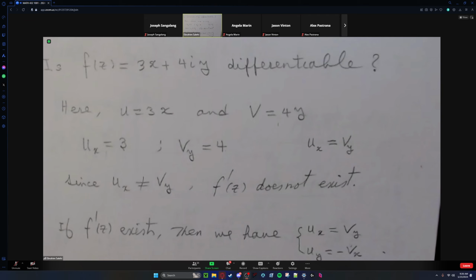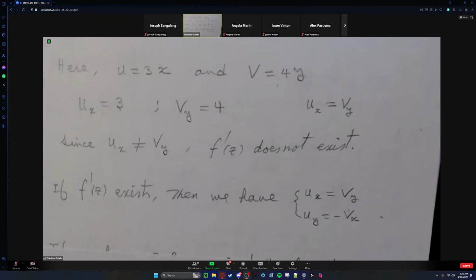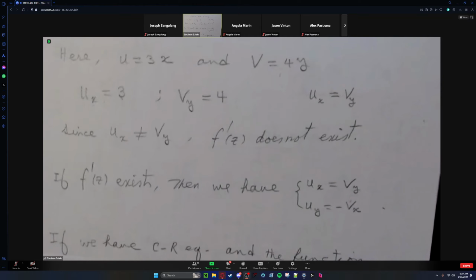Now, the inverse: if we have these Cauchy-Riemann equations, does it mean the derivative exists? Well, unfortunately not, not necessarily. We need to impose extra conditions for the inverse.